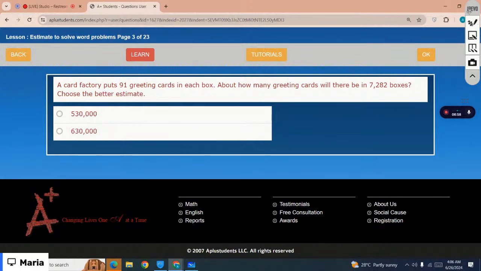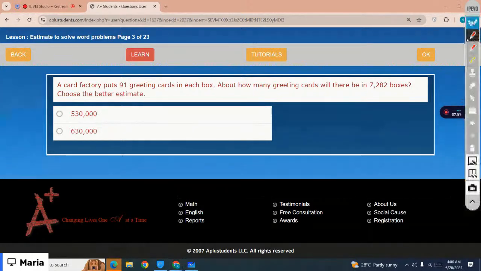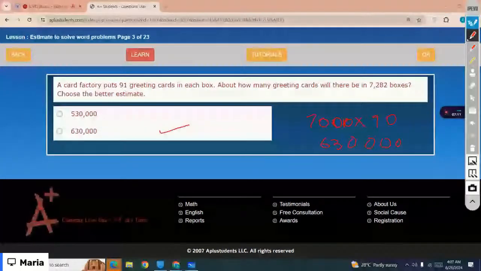So 7,282 is rounded off to 7,000 and 91 to 90. So that is 7 times 9 is 63. Estimated 63,000 option. Got it? The correct option is option number 2.